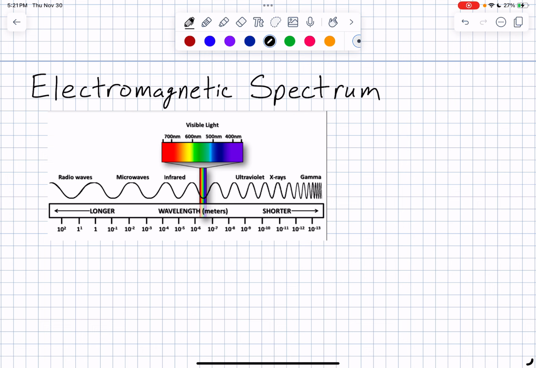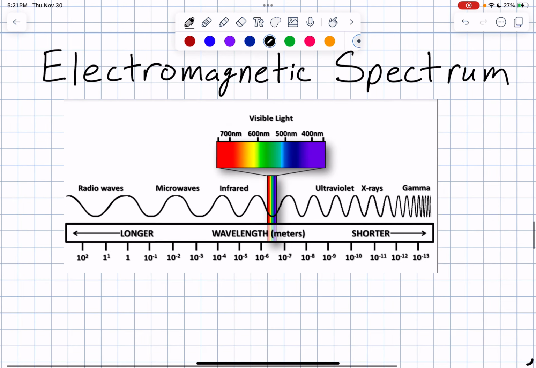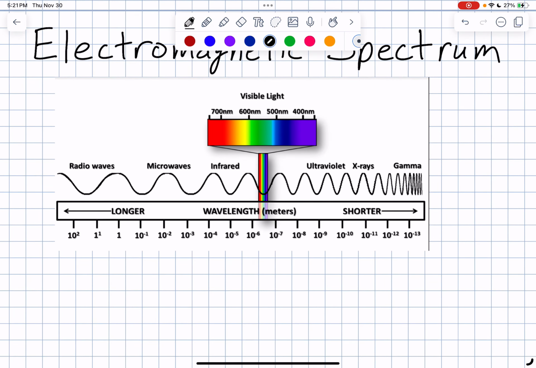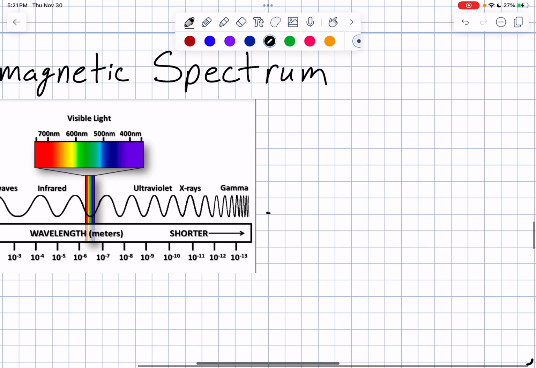I'm sure you've seen this before, probably in physical science, but basically all wave energy is classified in the electromagnetic spectrum. Before we discuss that, we need to talk about wavelength.